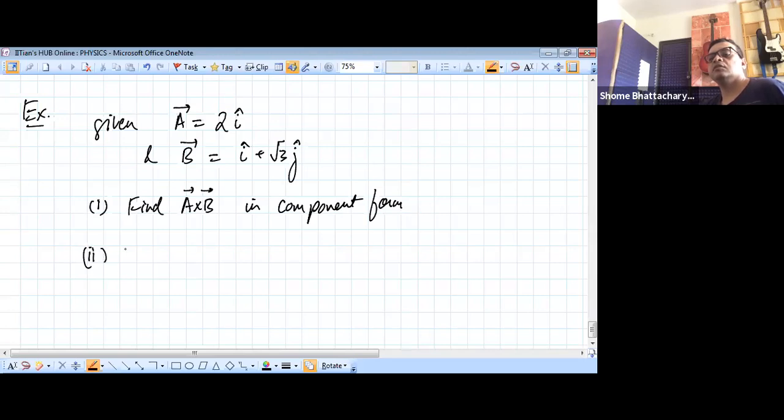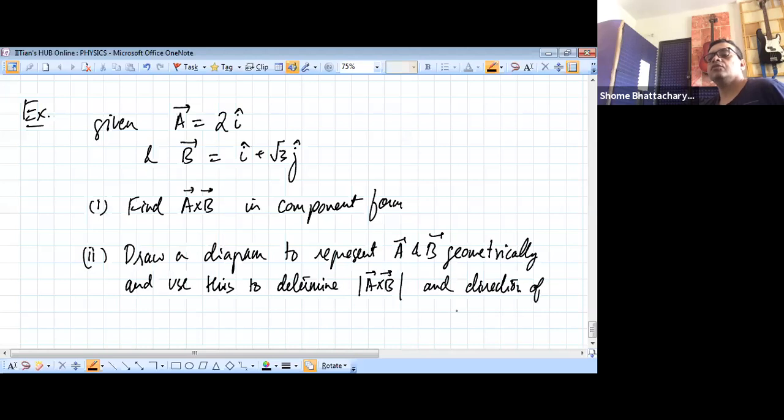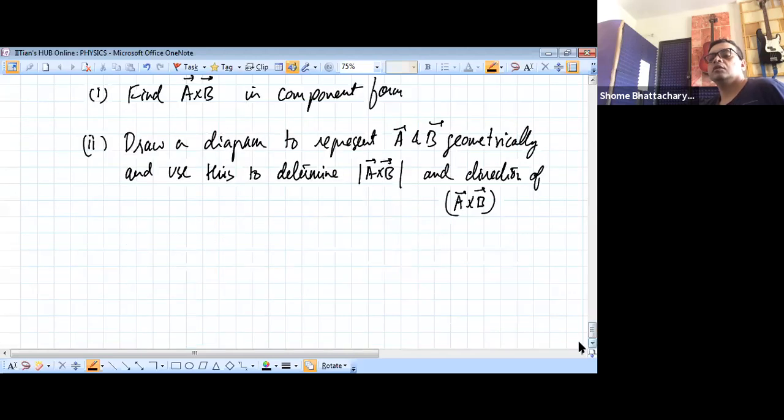Secondly, draw a diagram to represent vectors A and B geometrically, and use this to determine the magnitude of A cross B and the direction of A cross B. So this is the question.